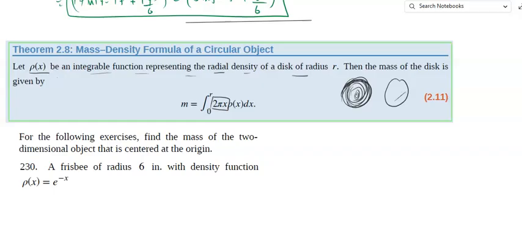Think of a disk of radius r, and integrate from 0 to that r the circumference times the density. You take the small circumferences as they get bigger, and the integral will add them all up. And that's how you get it on a disk.